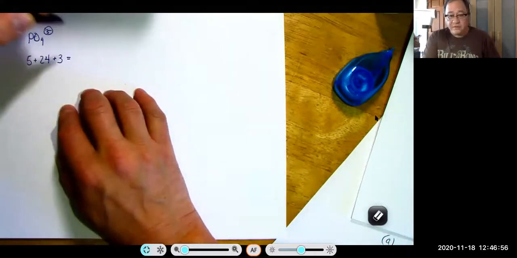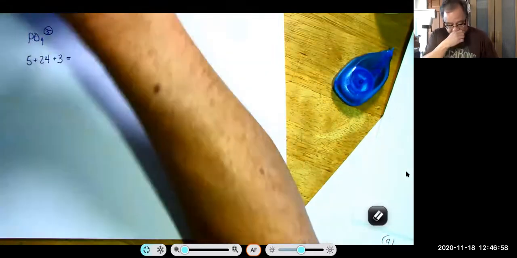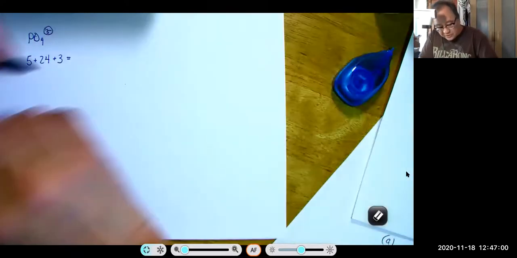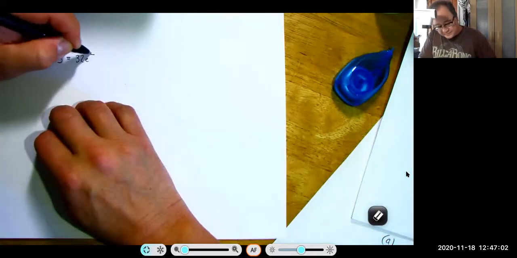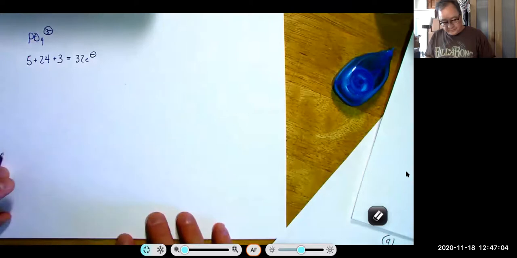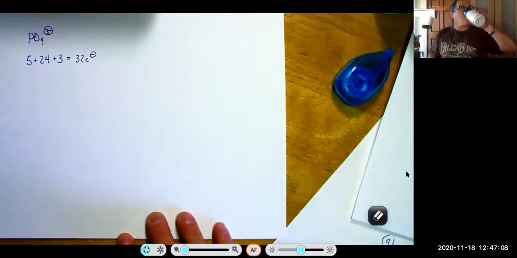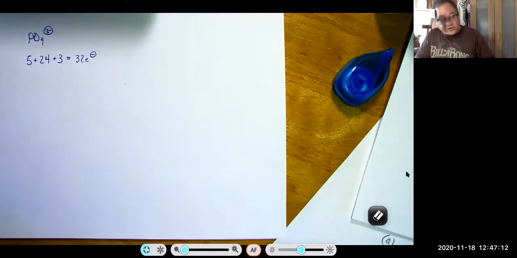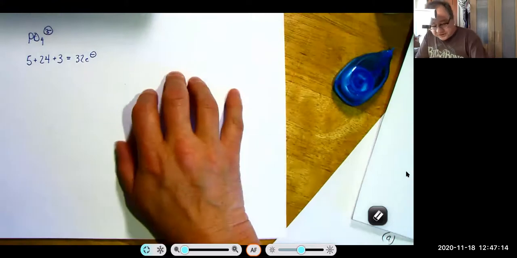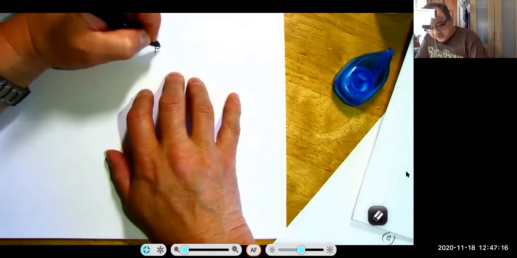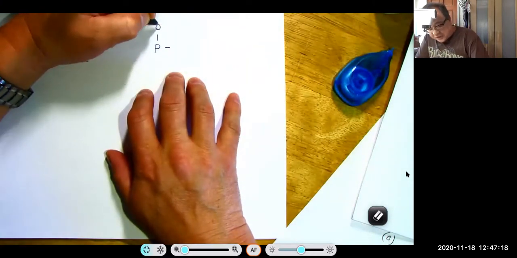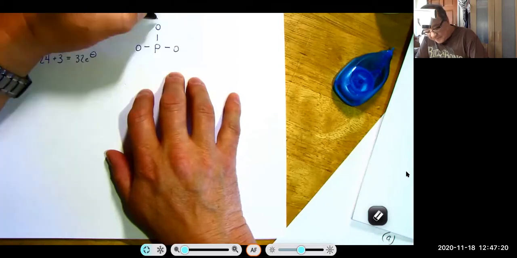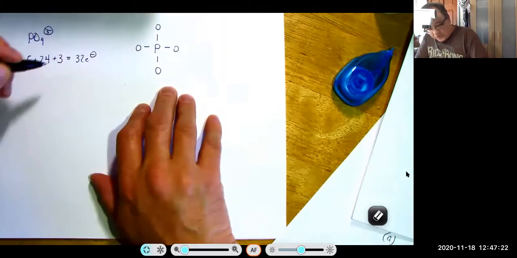So here we're going to get, let's see, 32 electrons. Did I do that right? Okay. So let's draw the structure of this. Phosphorus in the middle, oxygens on the outside. 2 on each.